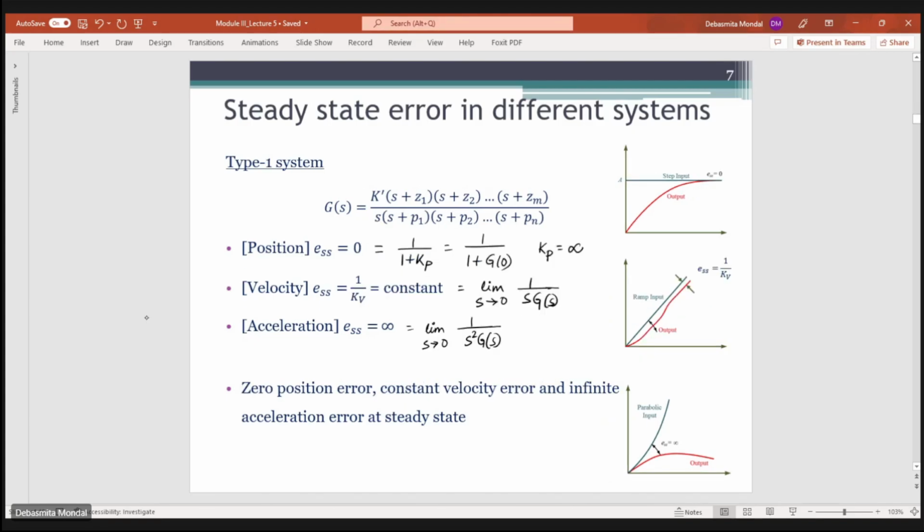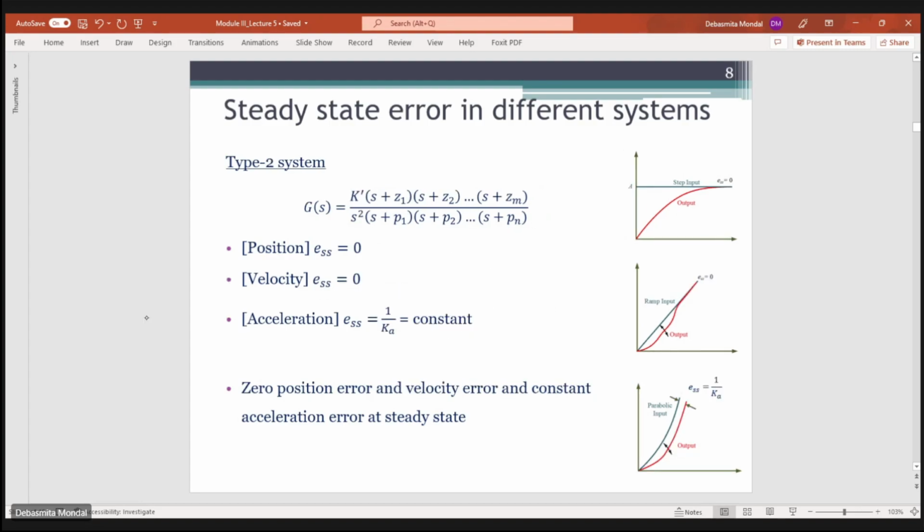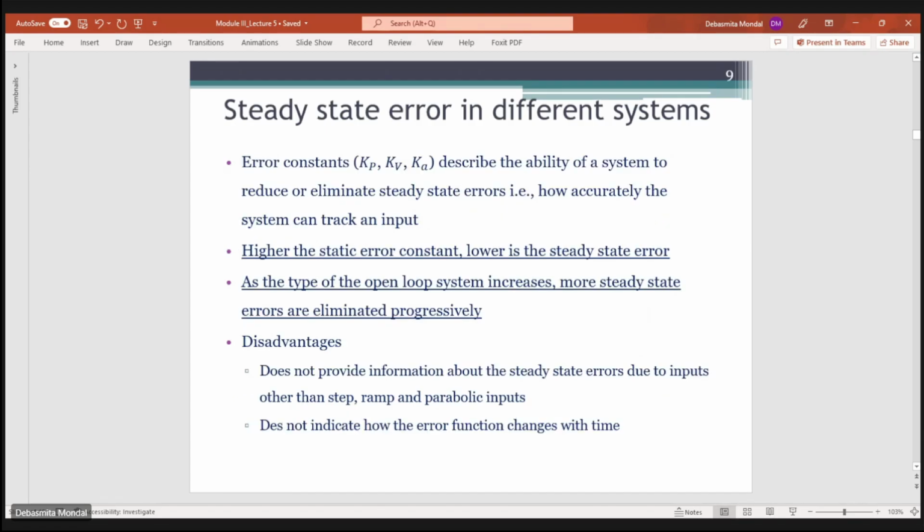For type 1 system, the position error became equal to 0. The velocity error reduced from infinity to some constant value. Acceleration error was still infinity. Then for type 2 system, you have 0 position error and velocity error, but the acceleration error is some constant value. So you can say that as the type of the system increases, more steady state errors can be nullified when you are dealing with a system of a higher type.